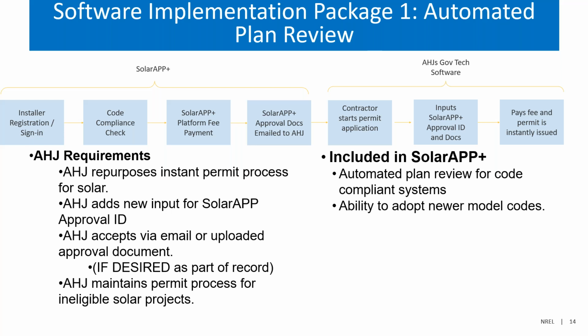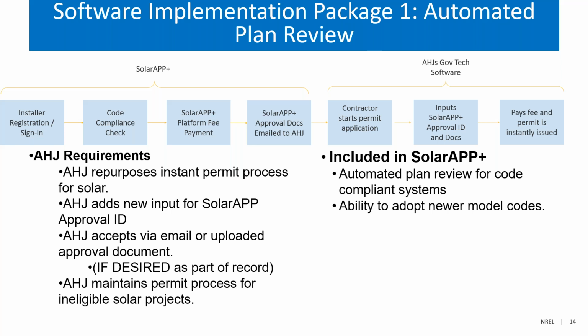Overall, there are 2 ways to implement SolarAPP via those quote-unquote integration pathways I'd mentioned previously. So ultimately, a lot of jurisdictions already have some sort of permitting software. And if that permitting software, like Accela's Citizen Access portal, allows for online permitting in that a contractor is allowed to register, sign in, submit their application, and get a permit automatically out of that system, this is the platform and the process you would use with SolarAPP.